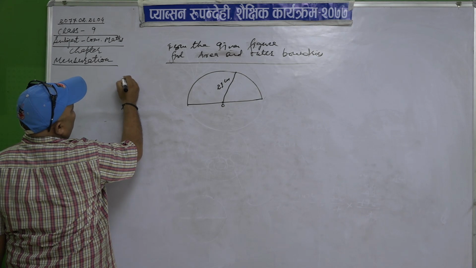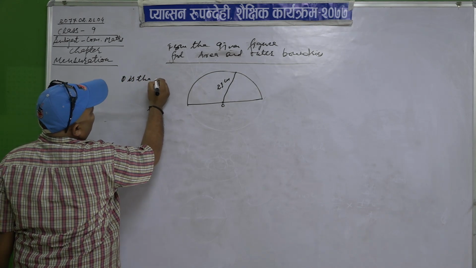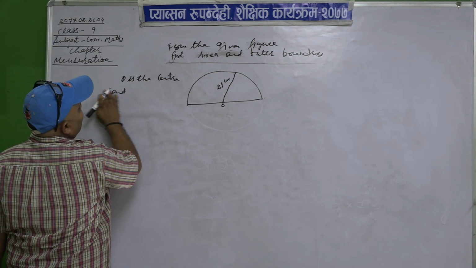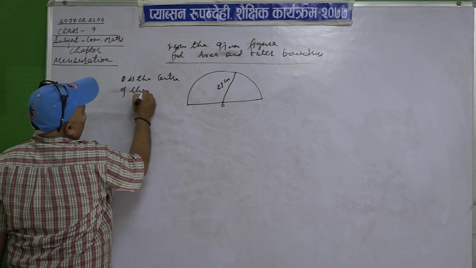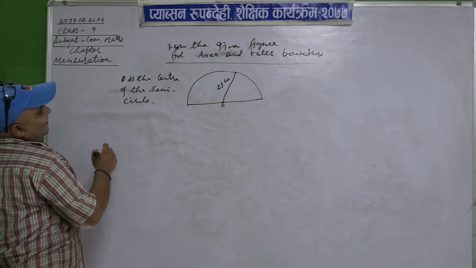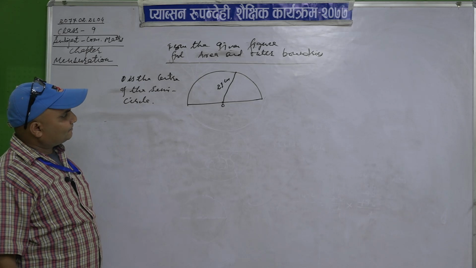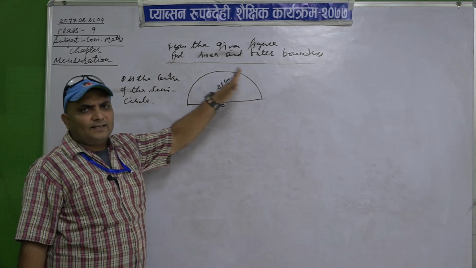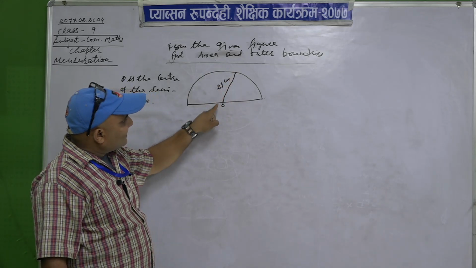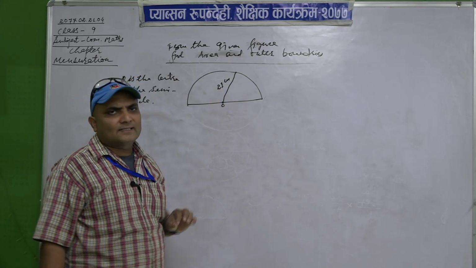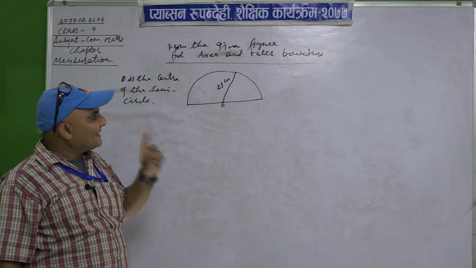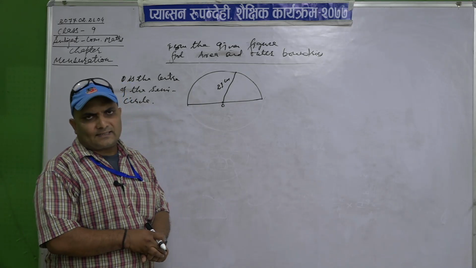In the given figure, O is the center of the semicircle, and find area and outer boundaries. So, what is given in the figure? Given in the figure is a semicircle or half circle, and this 21 centimeter is the radius of the circle or semicircle. So, we have to find out area and outer boundaries.